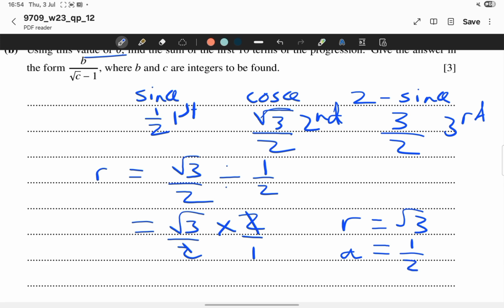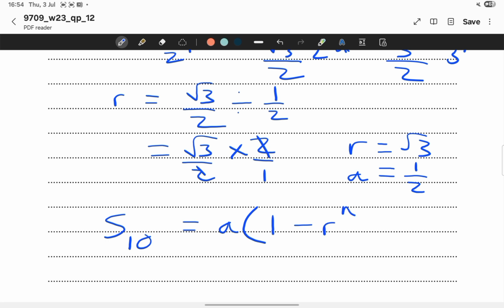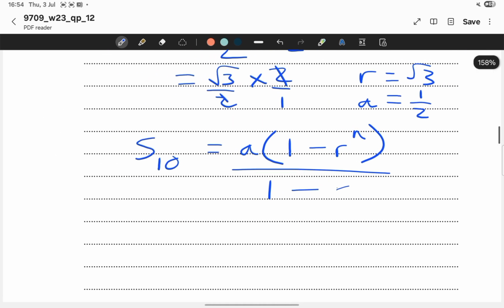And the first term, a, is what? Is half. Right? And so we're going to be using the formula: sum of 10 terms is equal to a bracket 1 minus r to the power n over 1 minus r. Right? Substituting the values we have, it's half, 1 minus r.